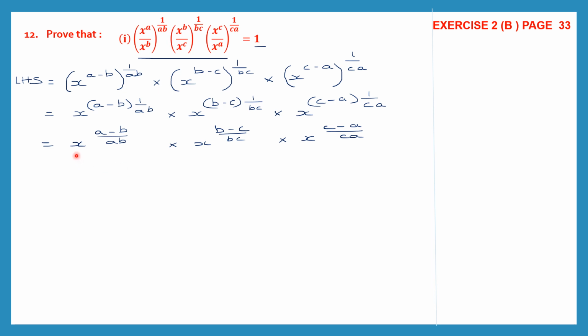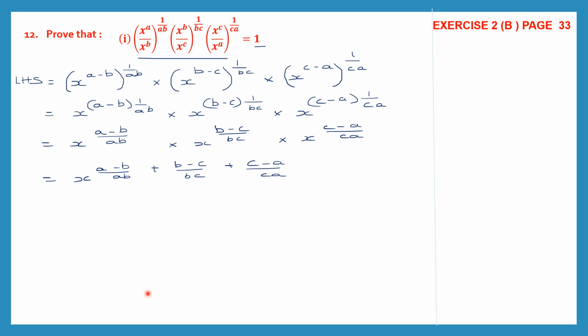Now here the base is the same and it is multiplication. That means we can add up all these powers. So now we can write this as x to the power of a minus b by ab plus the next power which is b minus c by bc plus the next power which is c minus a by ca.